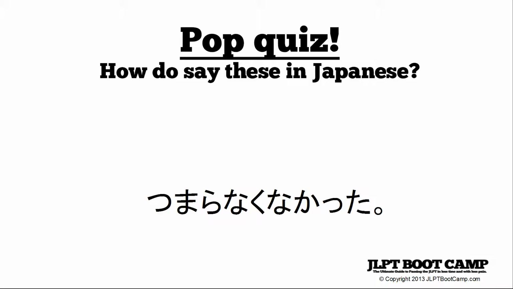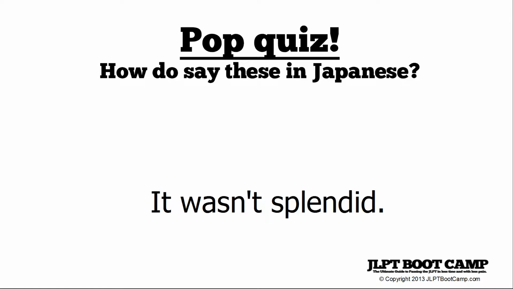You have tsumarana, and you add ku, so tsumaranaku, and add nai for negative, so tsumaranaku nai. Then cutting off the i of that and adding katta. Altogether, you have tsumaranaku nakatta. It wasn't boring.